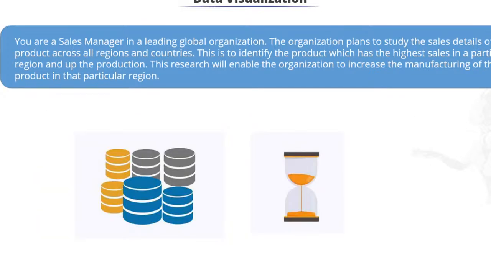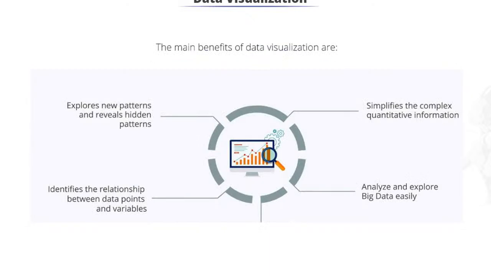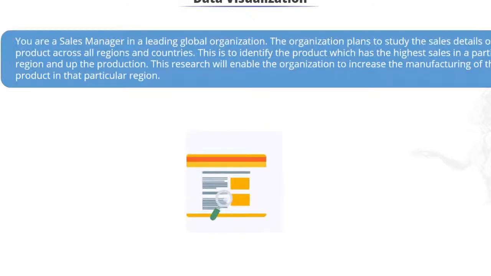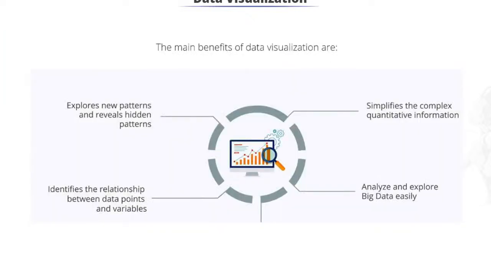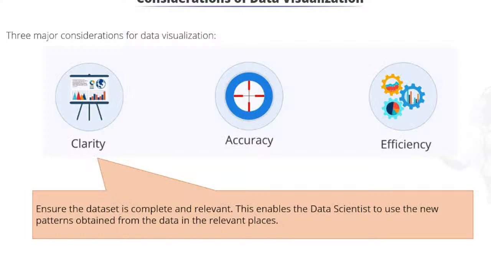I think this is the same question, and we are trying to find different answers. Next, the main benefit of data visualization, we just discussed it. Okay. Considerations of data visualization: three major considerations are there. First one is clarity, the second one is accuracy, and the third one is efficiency.